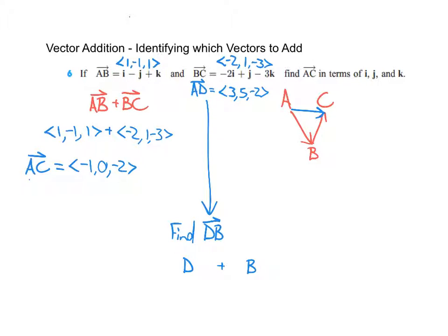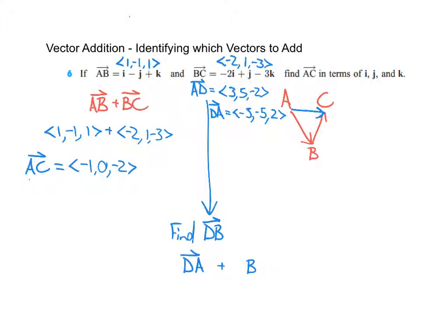Started with D and ended? Yeah, so we don't have any that start with D, but what could we do? The only one that has a D in it is AD. What could we do with that? Multiplied by negative 1. Yes, okay. If I want DA, that's just the opposite of AD, okay? So DA would equal negative 3, negative 5, and positive 2.